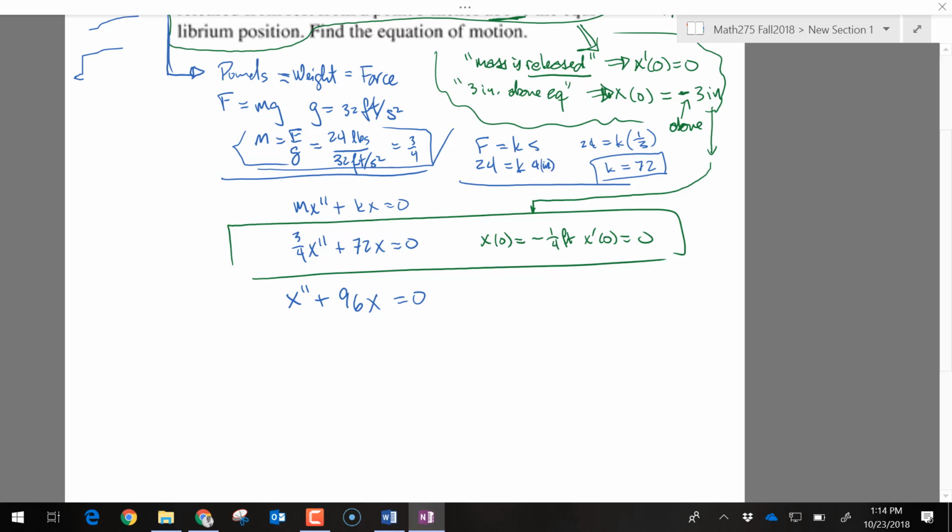This is a differential equation that we've seen before, right? M squared plus 96 equals 0. I don't know if M is a good letter to use. It looks like mass, but it's from the characteristic equation.